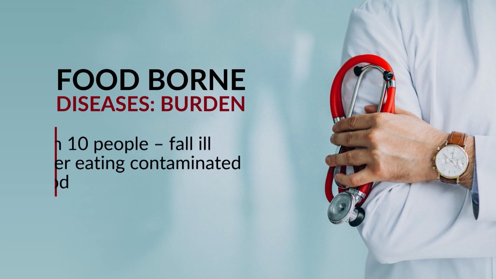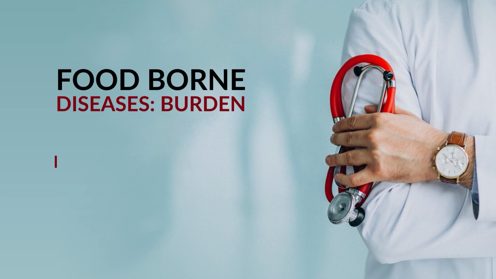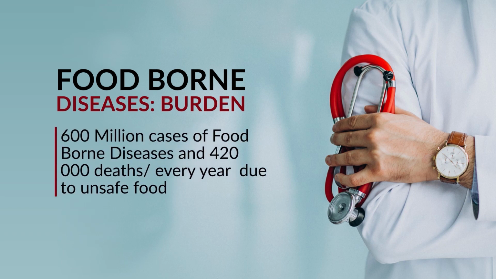Now, what is the load of foodborne diseases? You will be surprised to know 1 in 10 people fall ill after eating contaminated food. Every year, we witness about 600 million cases of foodborne diseases and 420,000 deaths due to unsafe food.